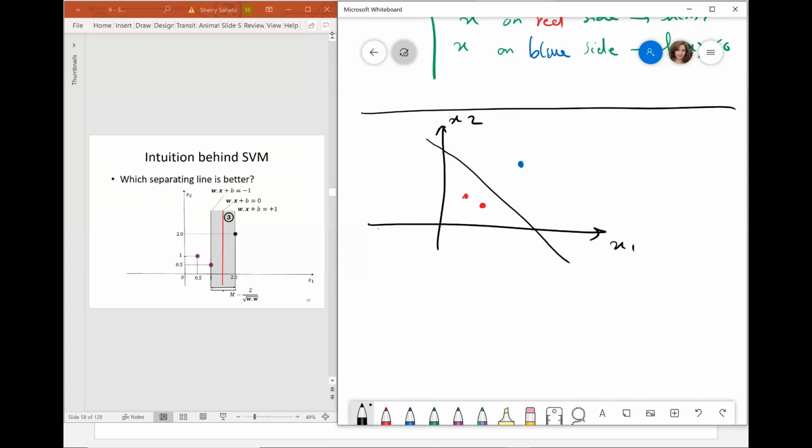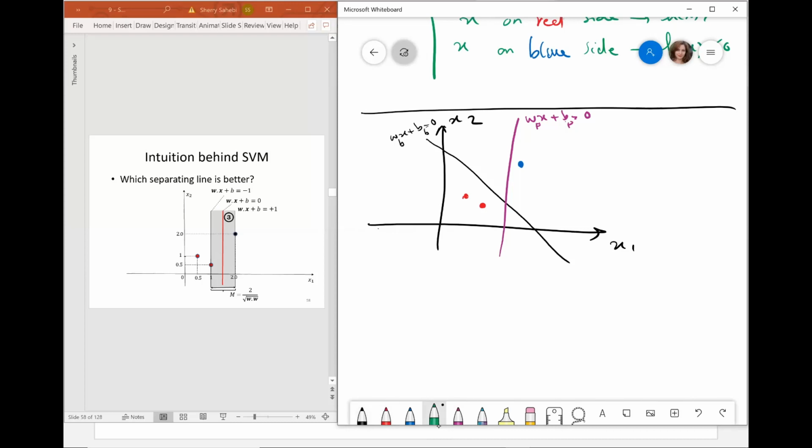So I can have this line saying wx plus b is 0. I can have this other line, wx plus b is 0. So this is like w of line purple and b of line purple. This is w of line black and b of line black.